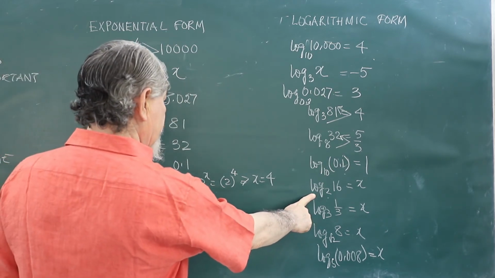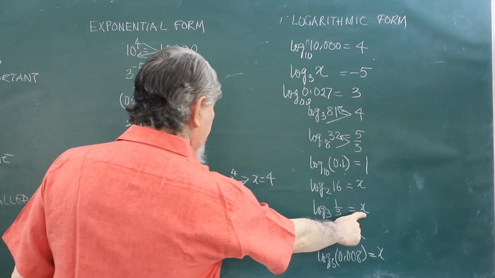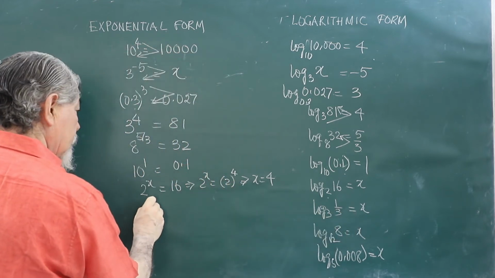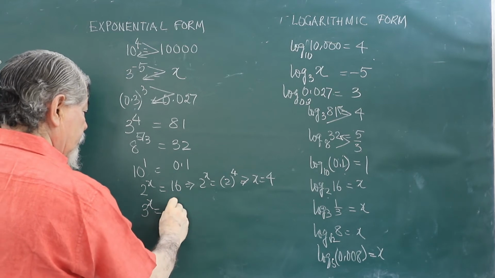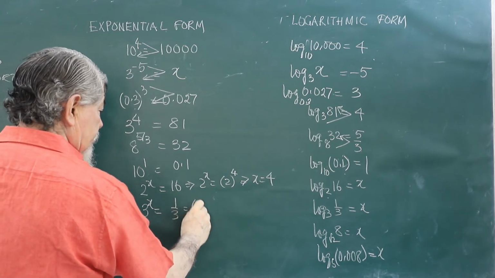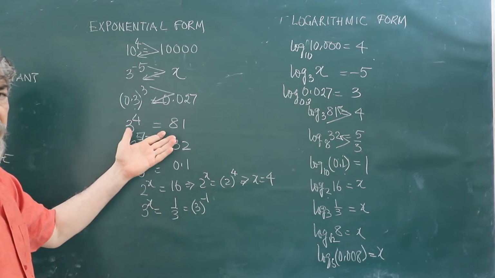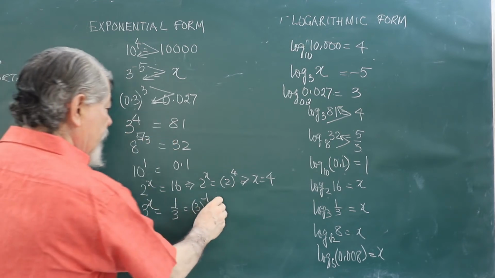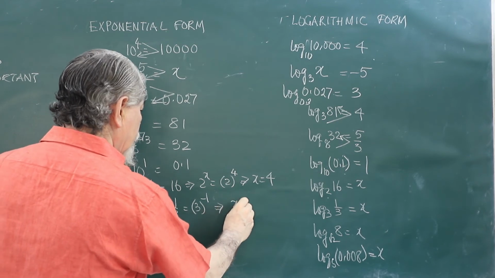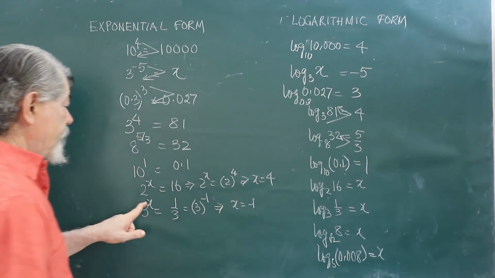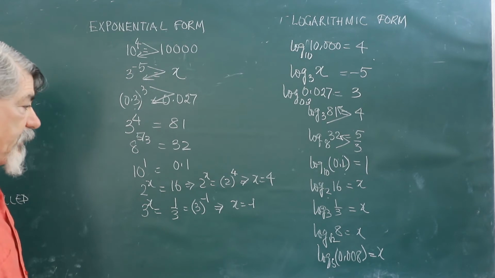So it was corresponding to this. Now 3 to the power x is equal to 1 upon 3, or it is 3 to the power minus 1. 1 upon 3 means 3 to the power minus 1. So that will imply x is equal to minus 1. Because bases are same, powers equated.